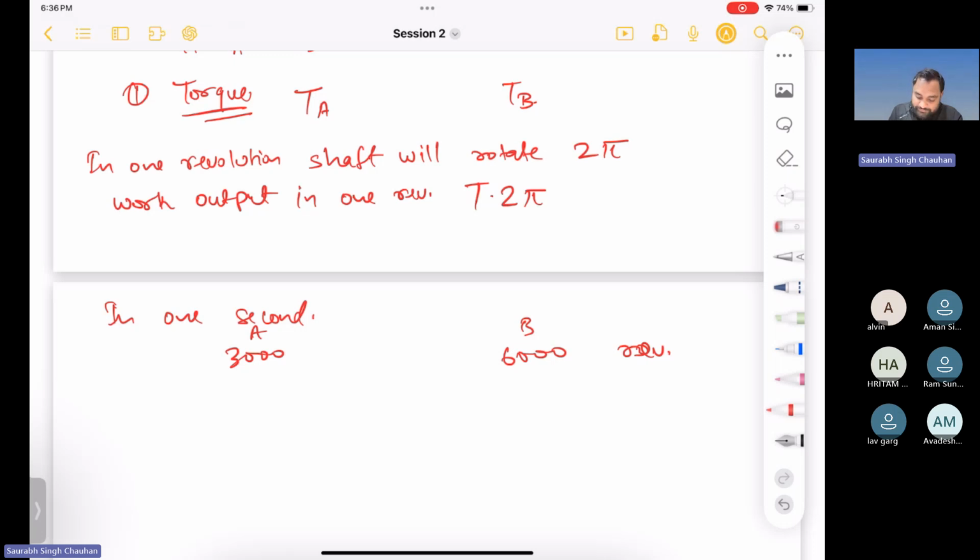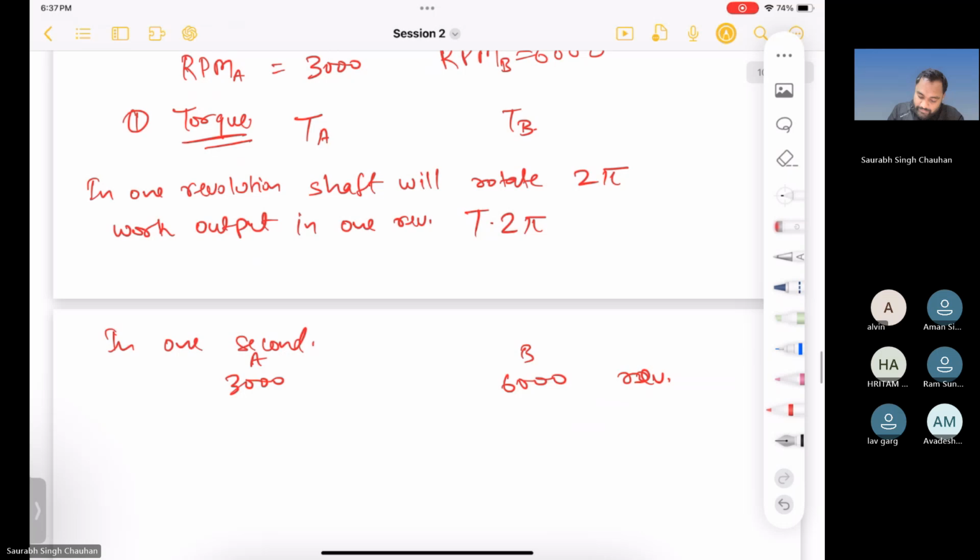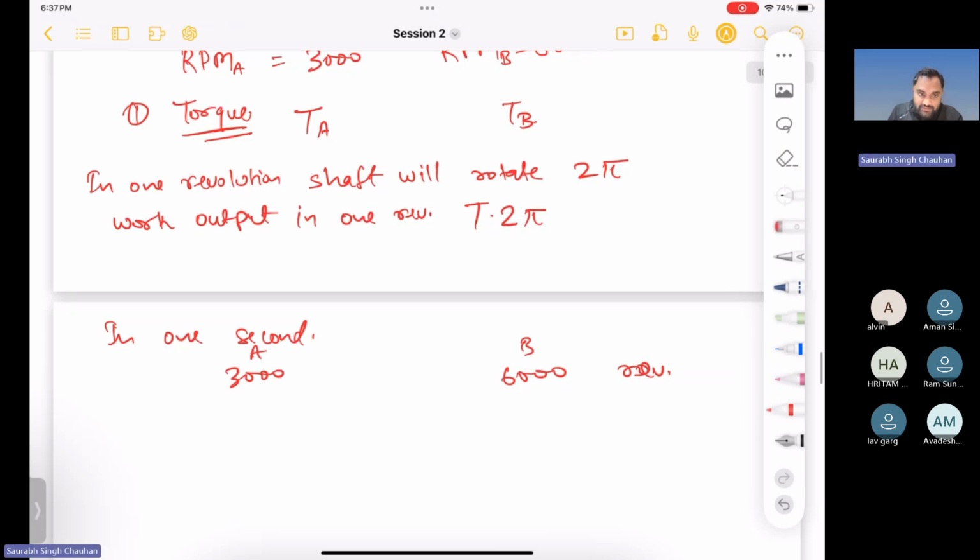In one revolution, work done is TA multiplied by 2 pi. So for 3000 rotations, it will be multiplied by 3000, in 1 second. And this will be TB multiplied by 2 pi into 6000, in 1 second, correct?